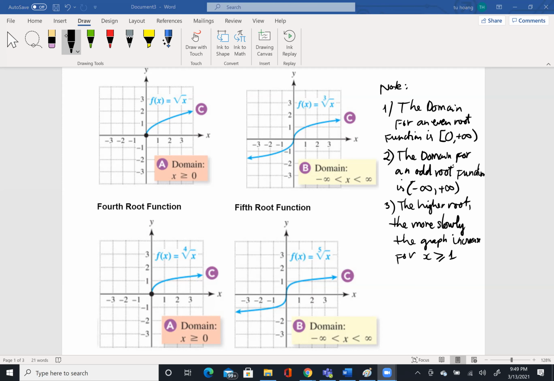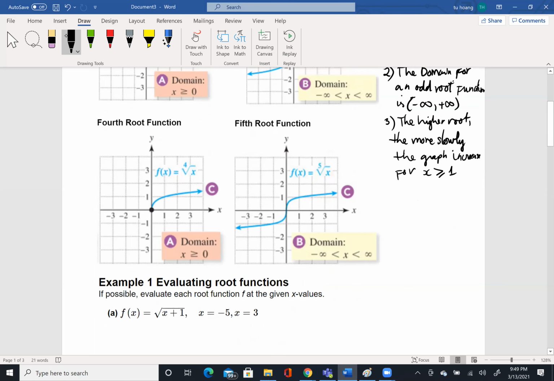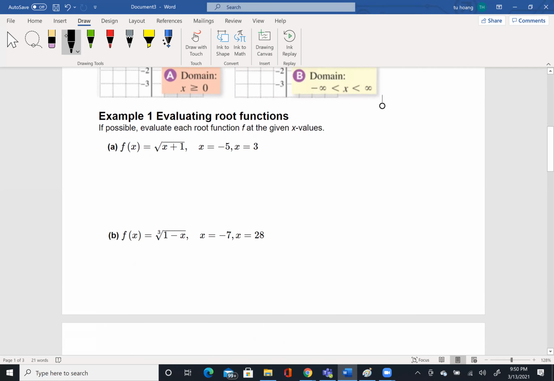So let's move down to example number 1 over here. I am evaluating root functions. So from A, I have f of x equal to square root of x plus 1, and for x equal to -5 and x equal to 3. So let's have x equal to 5 first.